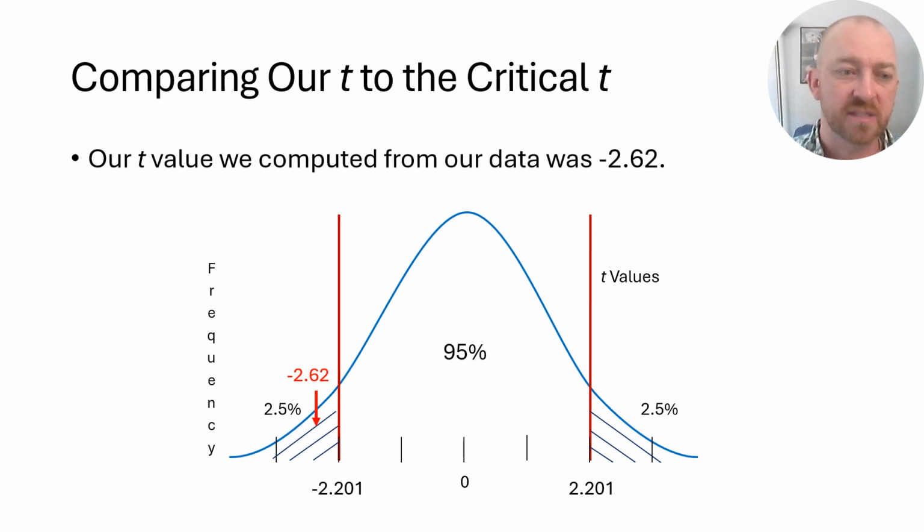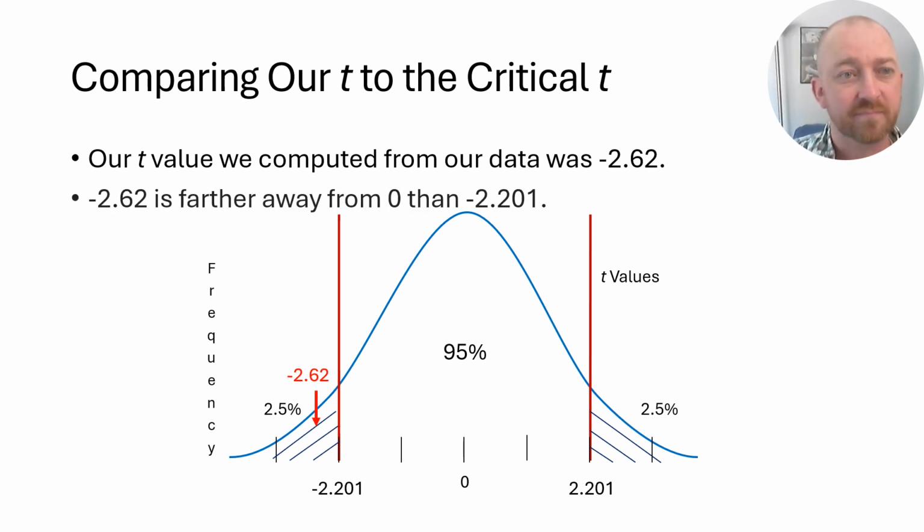So negative 2.62 is statistically significant in a test with 11 degrees of freedom. Another way to think about this is it's farther away from 0 than our critical value of 2.201, because the table just gives us the positive version, but all that's talking about is distance away from 0. So negative 2.62 is farther away from 0 than negative 2.201.